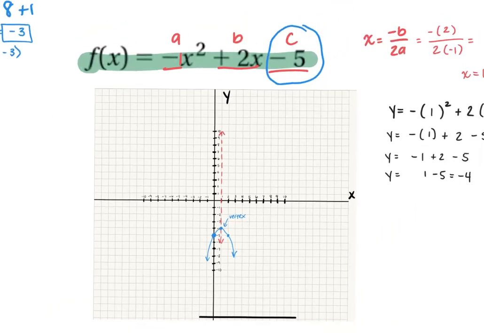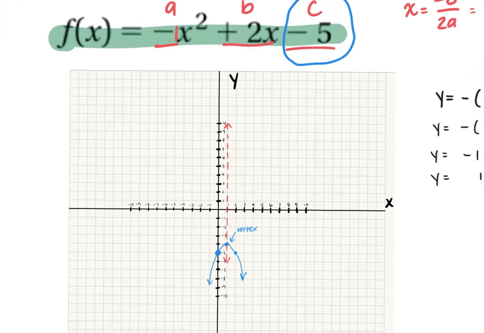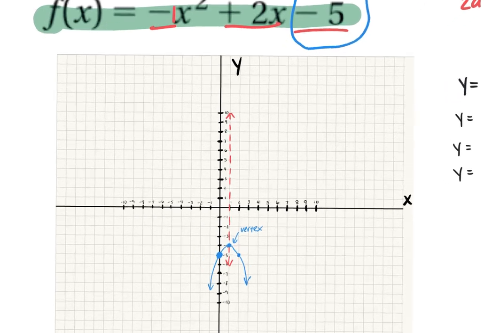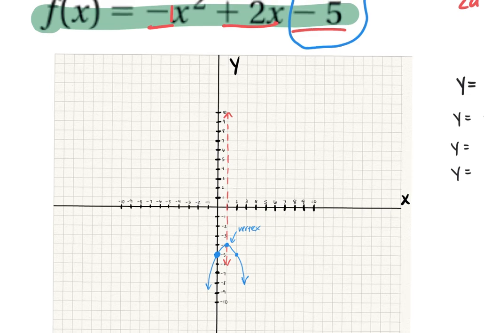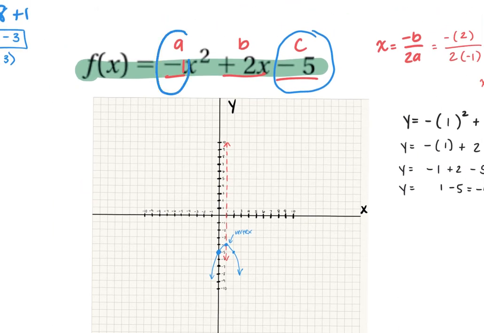Just by looking at the original equation, how did I know that my graph was going to point down? Nicole? Very good. My A was a negative number. My A was negative 1.